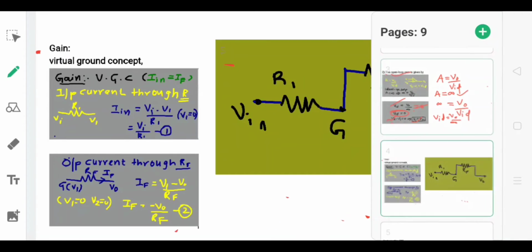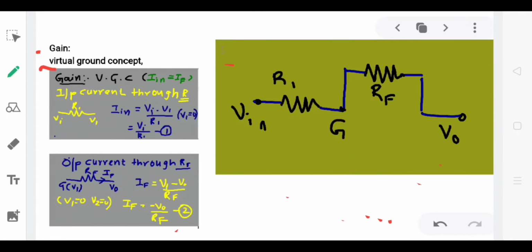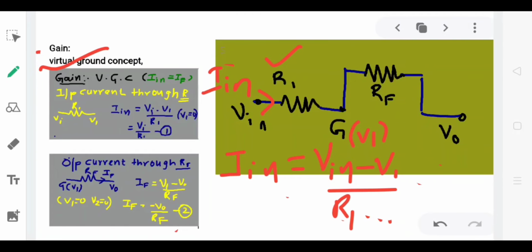Next, the gain formula according to the virtual ground concept. IN is the input current passing through resistor R1. The input current is calculated using Kirchhoff's law. The initial voltage is Vin, the virtual ground voltage is V1. IN is Vin minus V1 by R1.